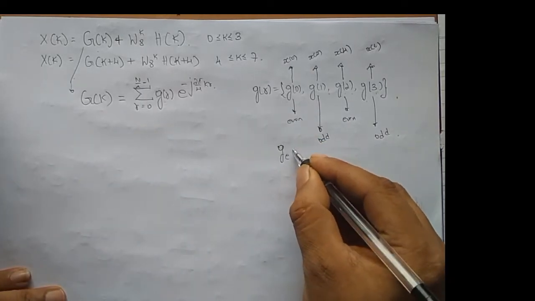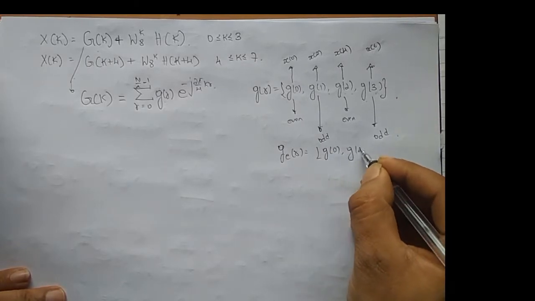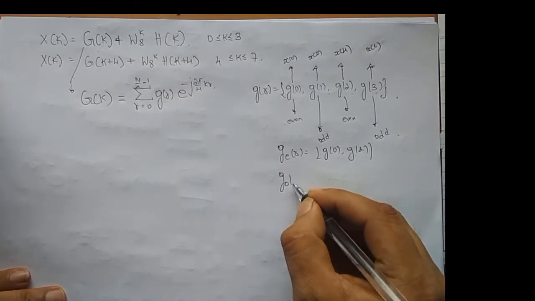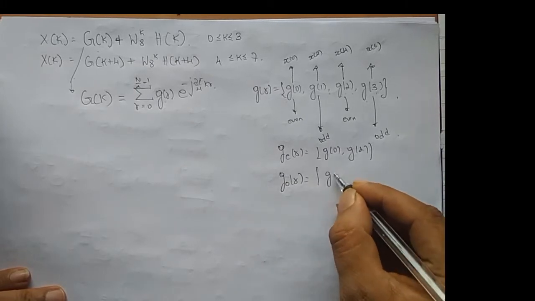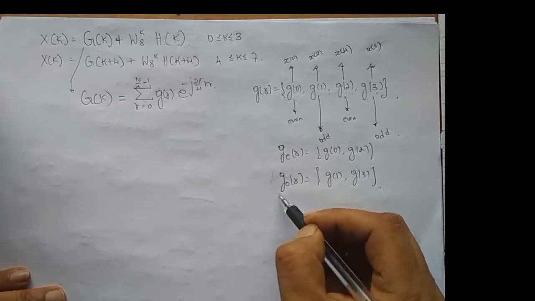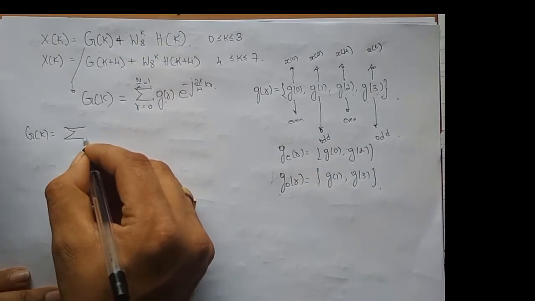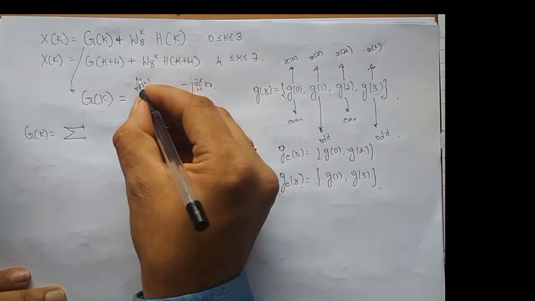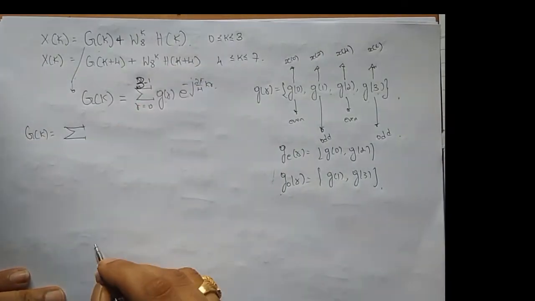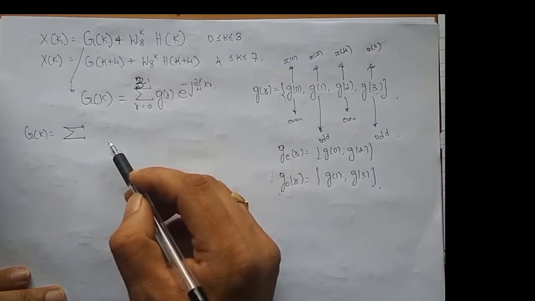So let me decompose it. g even of r is equal to g of 0, g of 2, and g odd of r is equal to g of 1, g of 3. Right? So how do I write these two in terms of an equation? We'll decompose it here. So g of k is what? Summation, and I'll write the upper limit as 3 because it is 0 to 3, a 4-point DFT sequence.